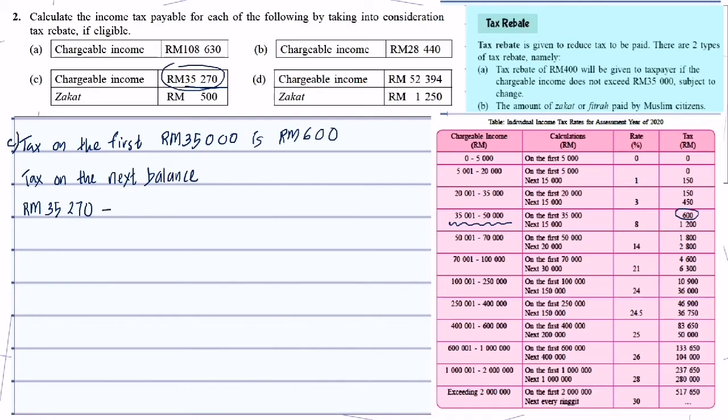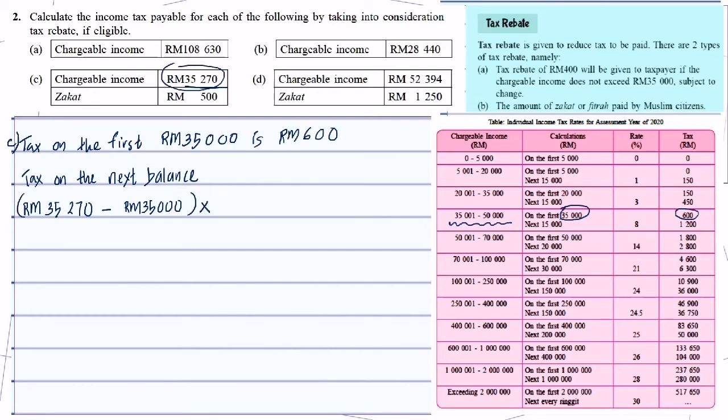And this will minus the tax on the first 35,000 just now counted already. So you must minus this to find the next balance. Okay, don't forget times the rate.